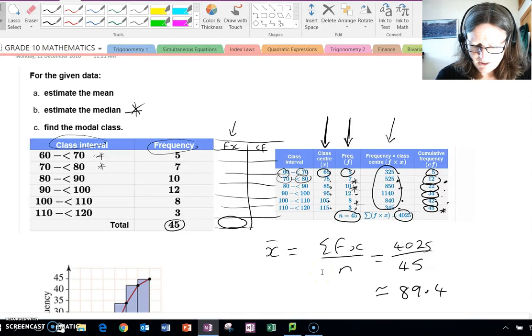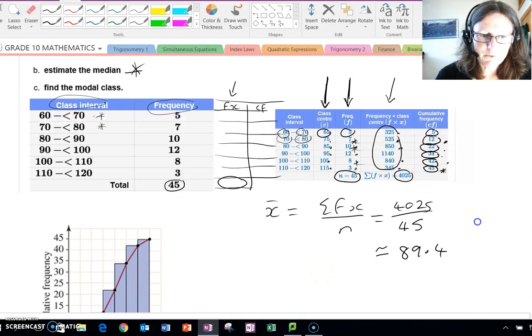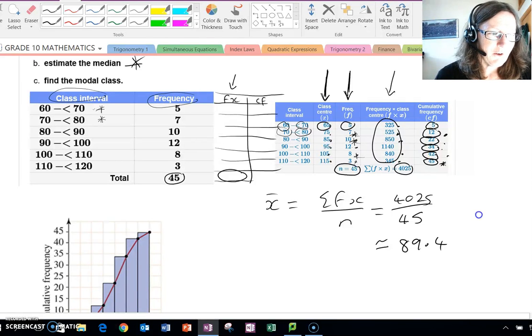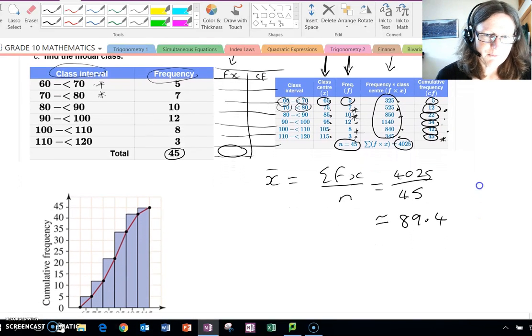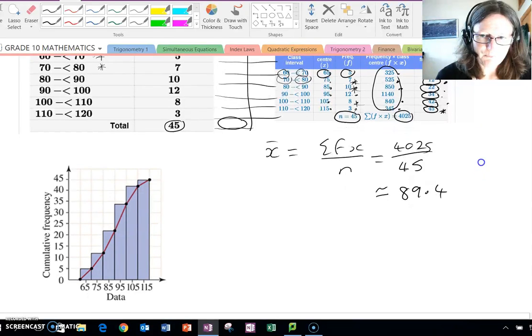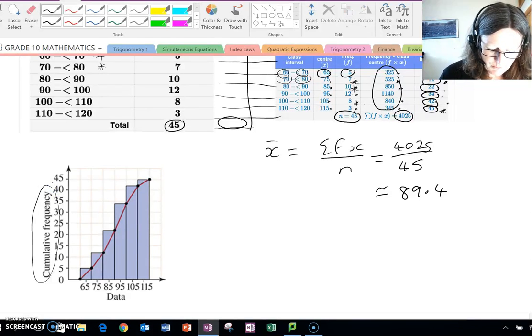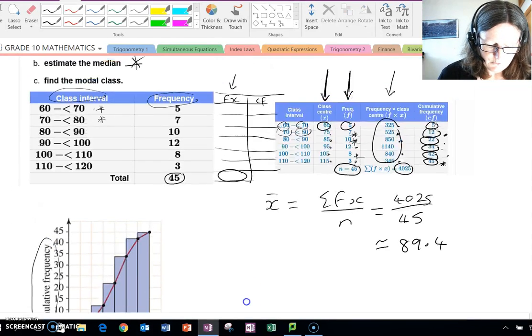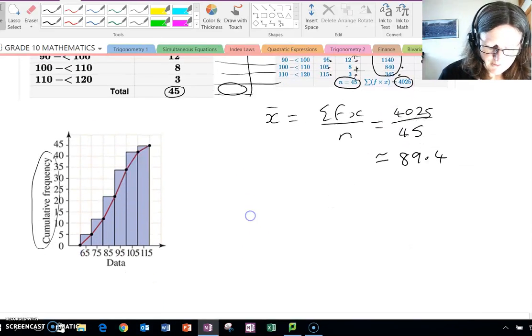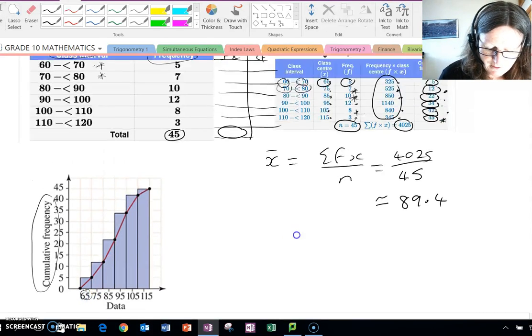Okay, then to find the median, we need to do a frequency distribution ogive. So how do we do that? We put our cumulative frequency up this side. Down the bottom, we put our scores. Now the textbook actually does it not the way that we're going to teach you. So the textbook here has put 65 here because that was the class center.